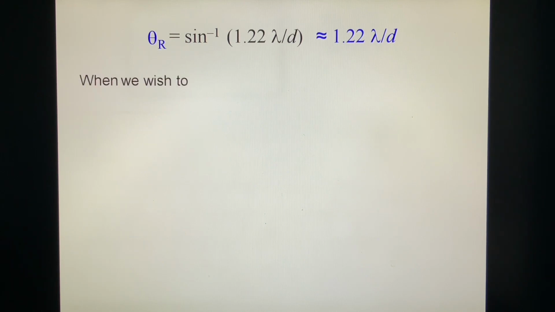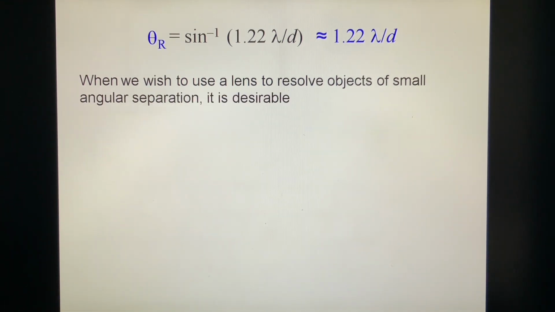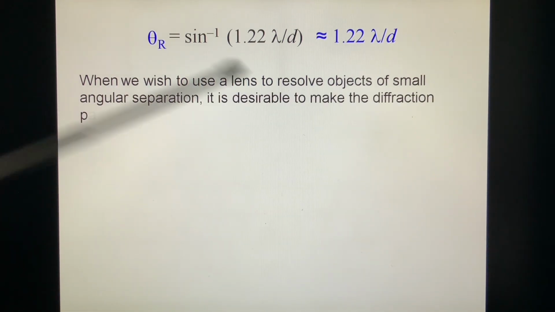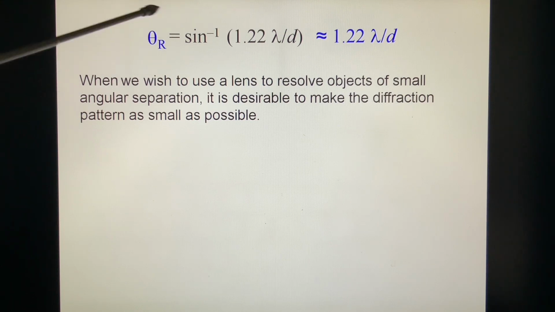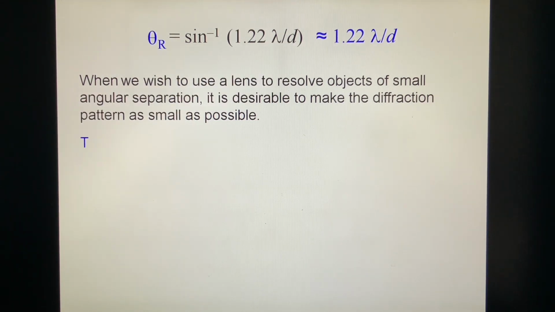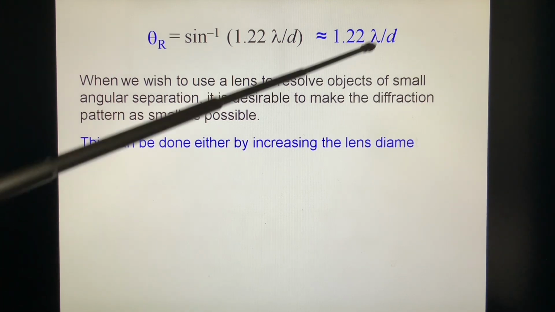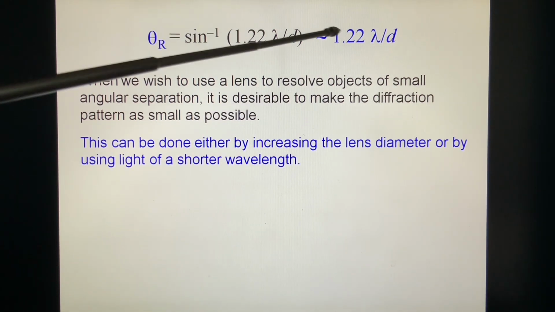When we wish to use a lens to resolve objects of small angular separation, it is desirable to make the diffraction pattern as small as possible, theta small. For a smaller theta, we need lambda smaller and d larger. This can be done either by increasing the lens diameter d or by using light of a short wavelength.